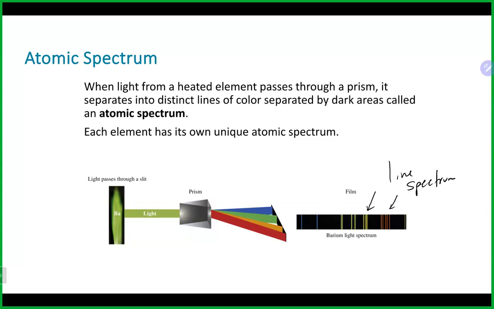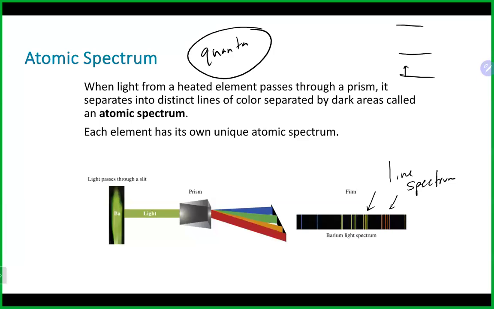And this happens with elements because as electrons transition from one energy level to the next, they do so by what is sometimes referred to as a quantum of energy, or a quanta of energy. What that essentially means is when electrons get excited and go up to a higher energy level, or come down from a higher energy level to a lower one, they do so in a quantized fashion.